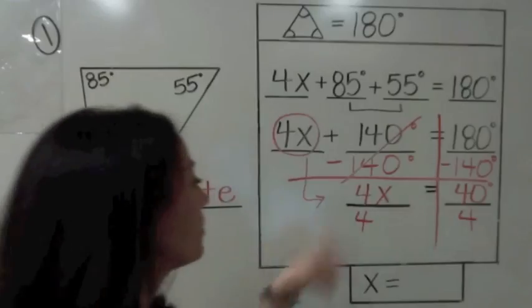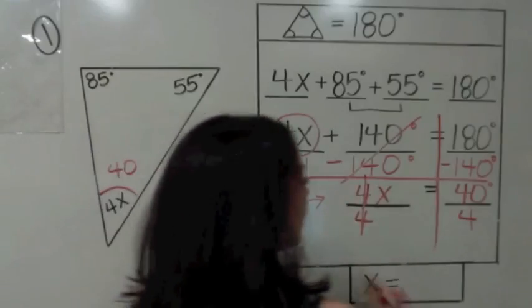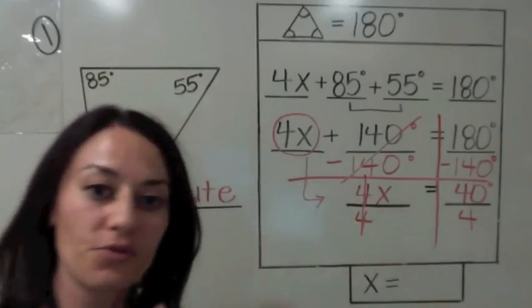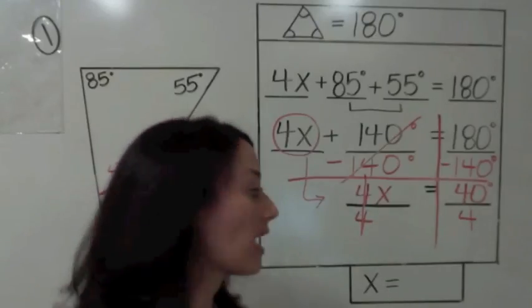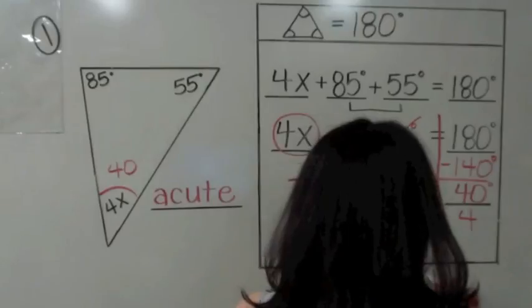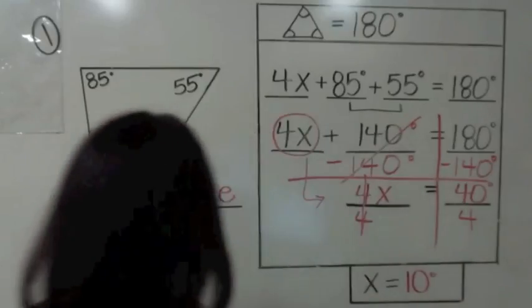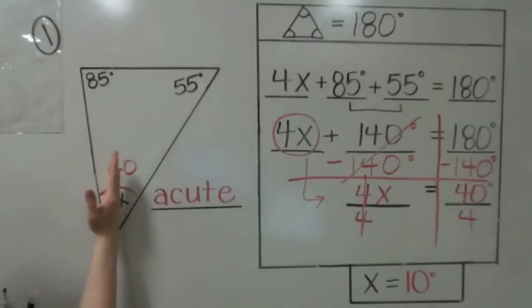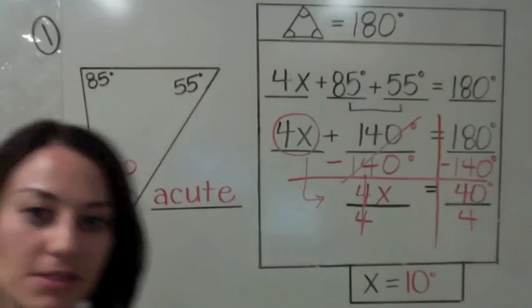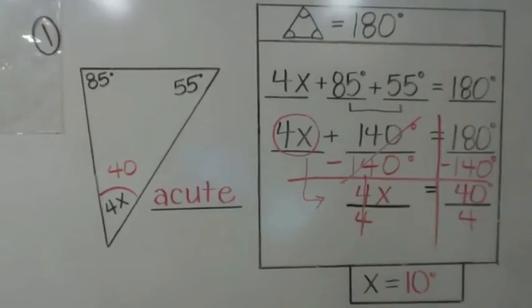Excellent. So 4 divided by 4 is 1, and x equals, what is 40 degrees divided by 4? 10 degrees. That's right. So this is basically saying if we cut this angle into 4 parts, each one would be 10 degrees. So go ahead and get that down.